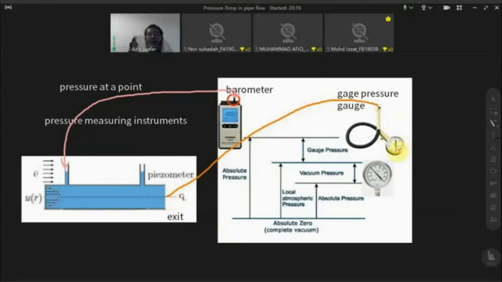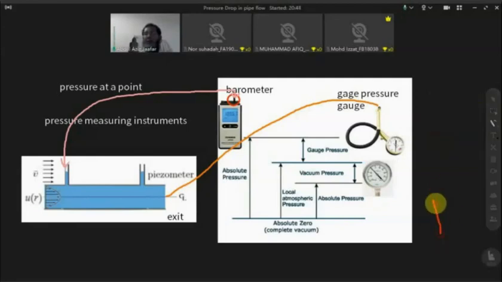Then we have the vacuum pressure gauge. It measures absolute pressures that are lower than the local atmospheric pressure. One of the differences from the other pressure gauges is that the reading here has a negative value.